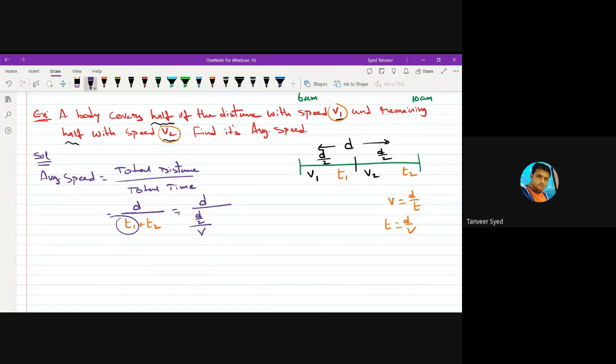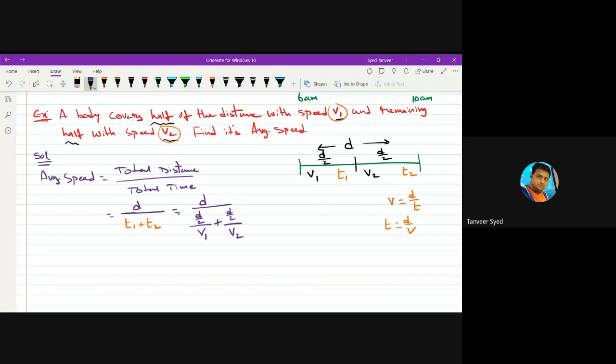Time is distance by speed. t1 is time taken to cover d by 2 distance with how much speed? v1. So d by 2 by v1 plus t2. It is time taken to cover second half of the journey, which is d by 2 with what speed? v2. So we are using time equal to distance by speed.